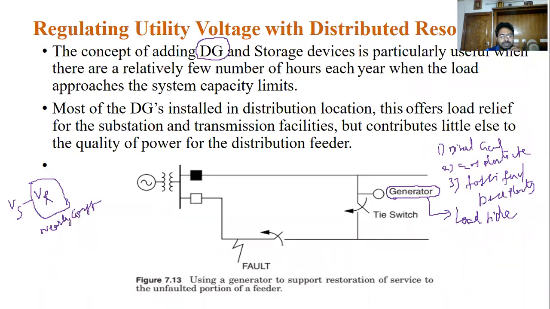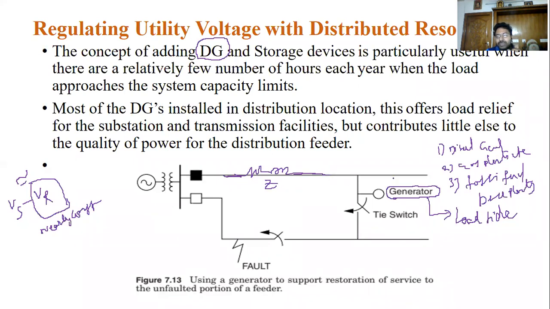The losses in the system reduce, that is, the Z reduces. When the Z reduces, the source voltage is nearly equivalent to the load voltage, that is, the sending end voltage is nearly equivalent to the receiving end voltage. So that will reduce the voltage regulation. If the voltage regulation is less, the losses are also less.